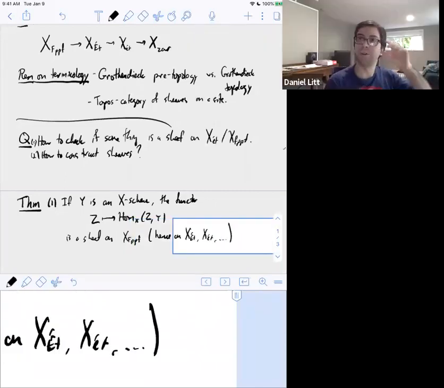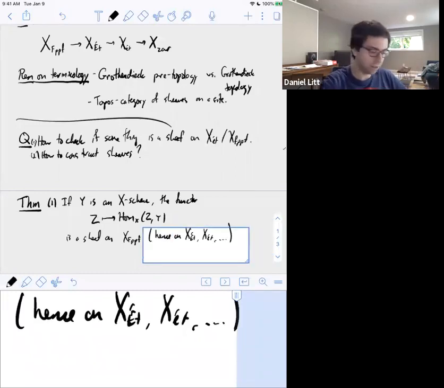The Zariski site also, although I think you probably knew already that representable functors were sheaves on the Zariski site.